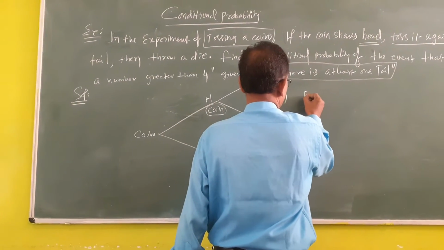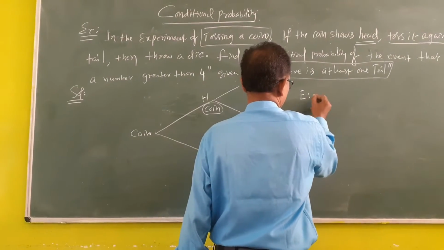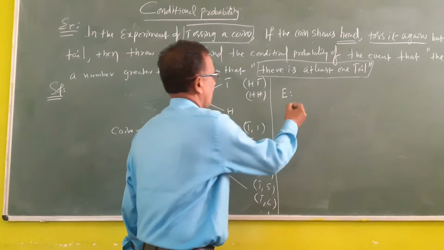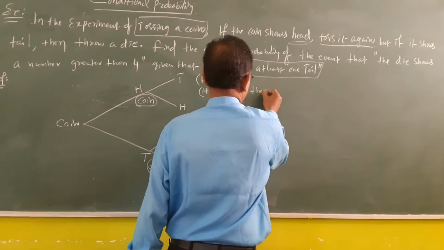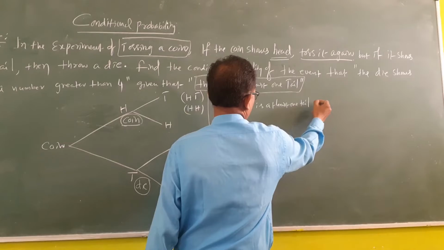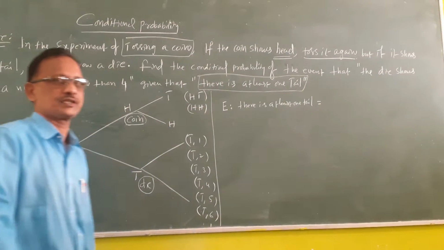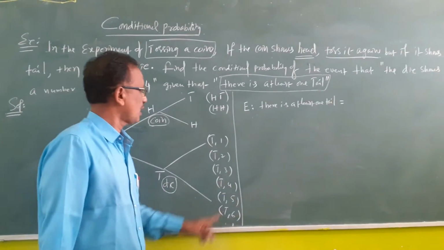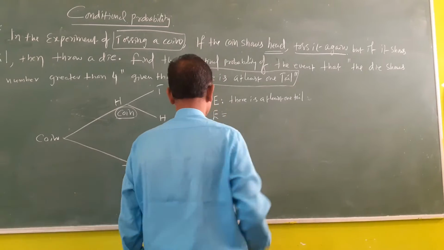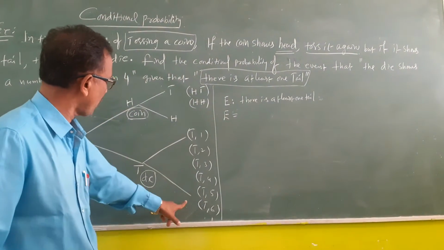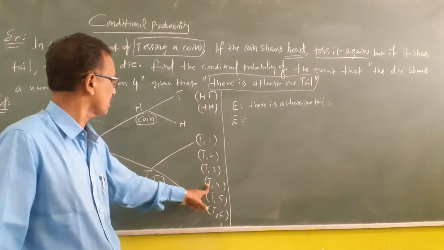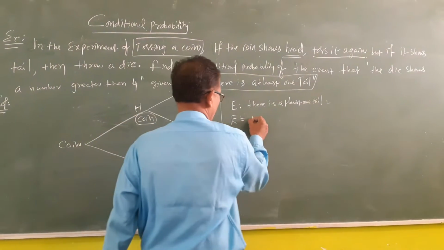So all of these have at least one tail; here also one tail is there. These are all favorable to this.